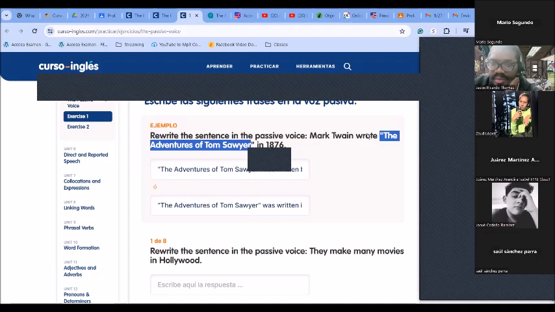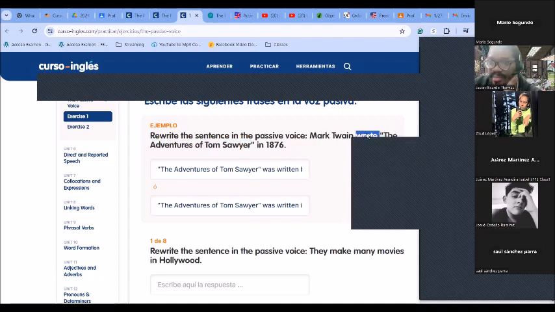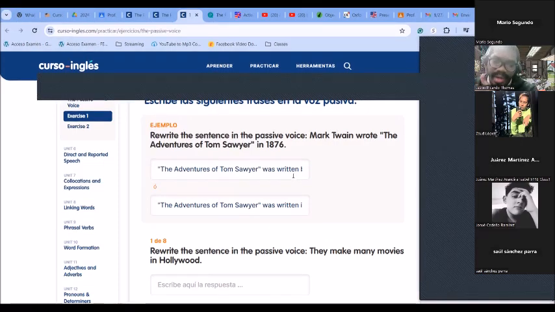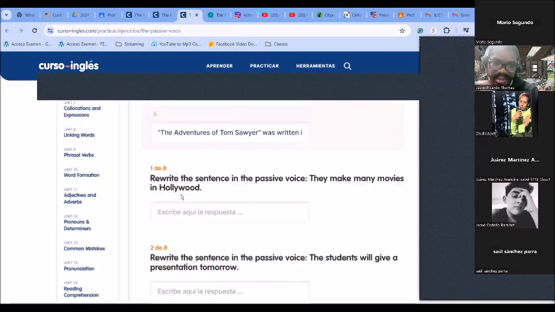The verb was "wrote," which means past tense plus write. Past tense "was," write becomes "written," and the time, in 1876. If we want to include the subject, the agent, we will use "by." So for example, The Adventures of Tom Sawyer was written in 1876 by Mark Twain.